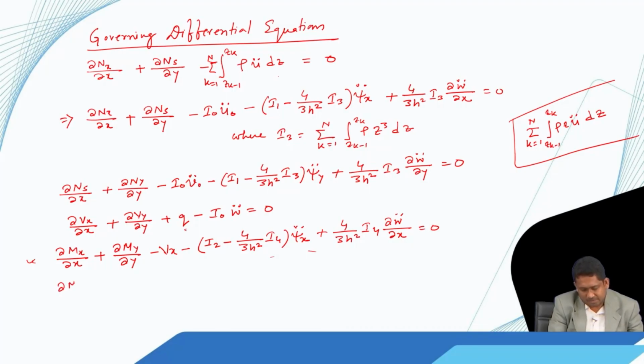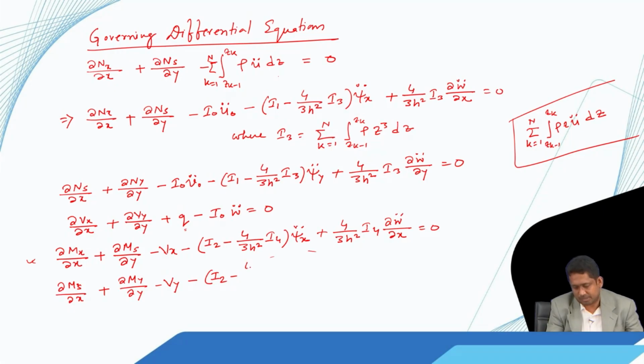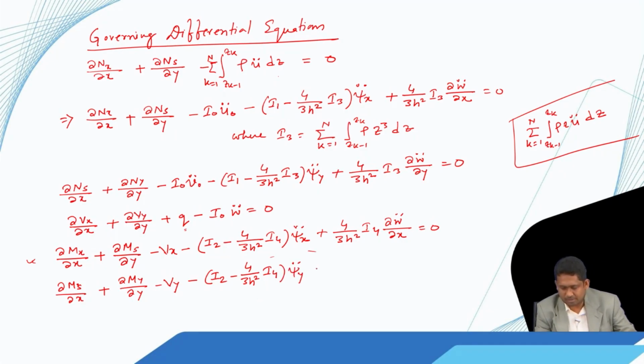Similarly, the last equation is del m s by del x plus, okay, in the previous equation there is a correction, it is del m s by del x plus del m y by del y minus V s minus I 2 minus 4 by 3 h square I 4 psi y double dot plus 4 by 3 h square I 4 into del w double dot by del y equal to 0.